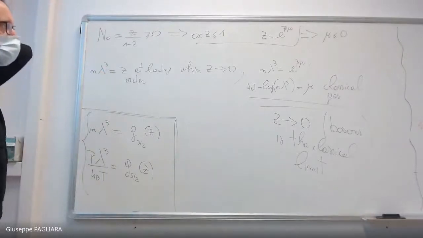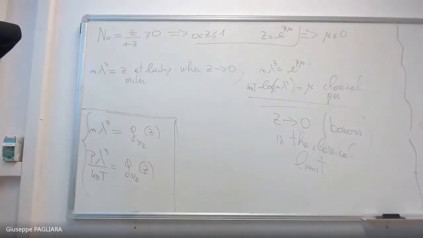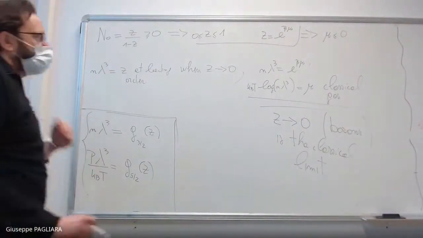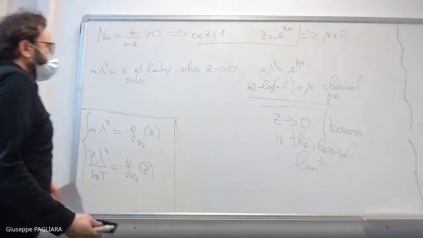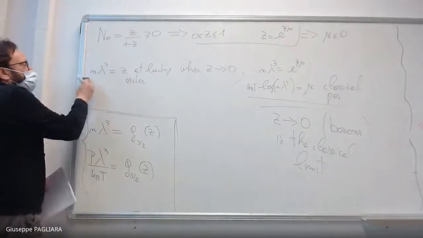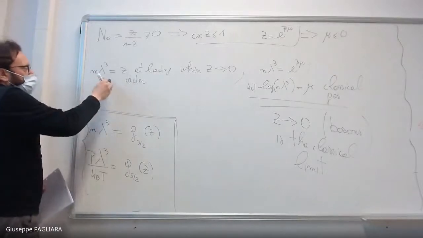So this is the case in which z approaches 0, which is the classical limit. Now, of course, you can also look at the other side.